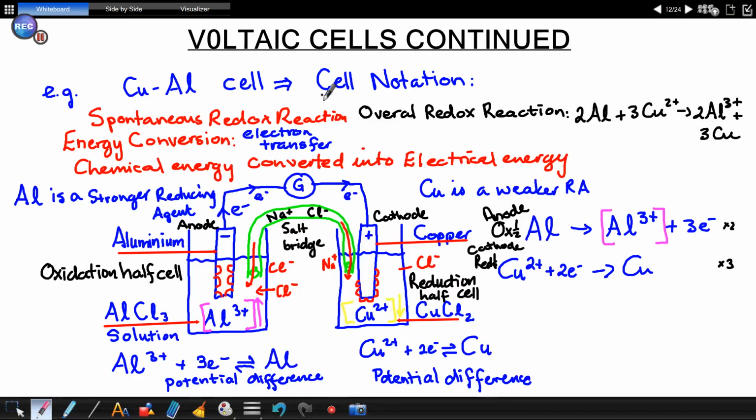So I want us to write down the cell notation. Now the convention is to put the oxidation half cell first and then the reduction half cell. So which one is the oxidation half cell? The aluminium half cell.